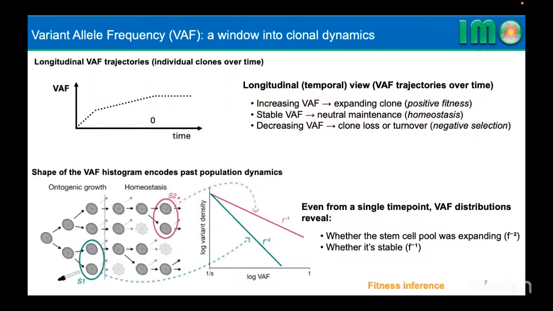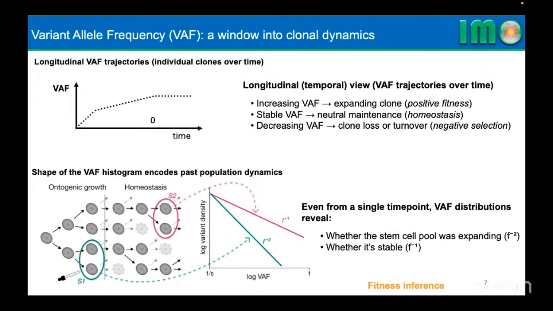So how can we study CH dynamics with the math model? We use the VAF concept, the variant allele frequency. We count how many mutated cells there are in our stem cell population.